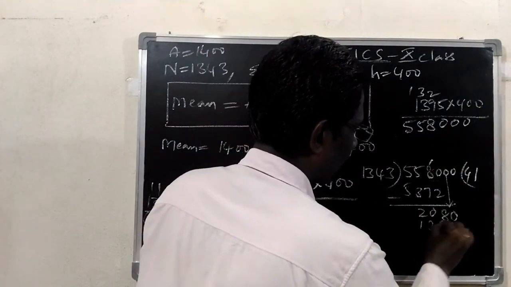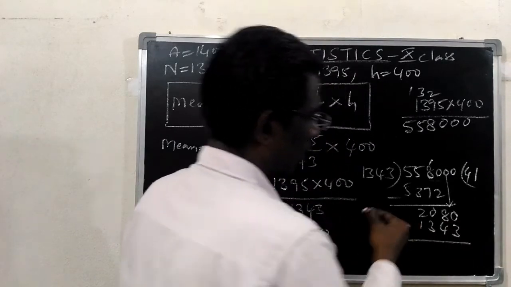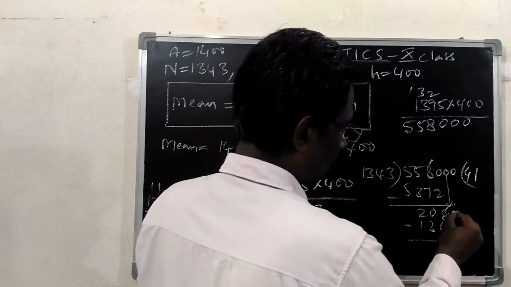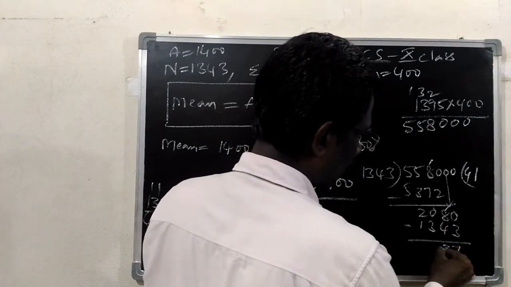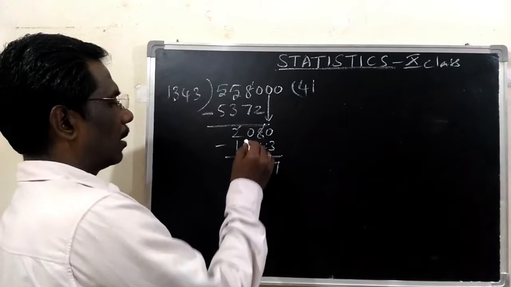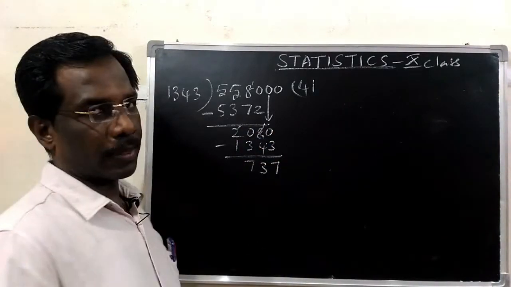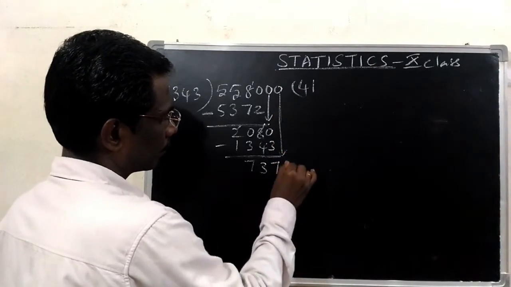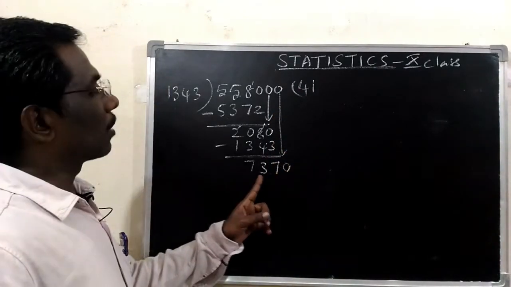So 1343, subtract them. 10 minus 3 is 7, and 7 minus 4 is 3, and 10 minus 3 is 7. Now we copy the 0. It is 7370.